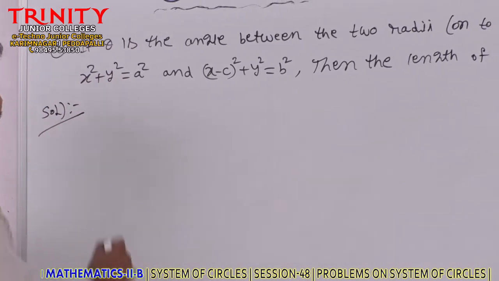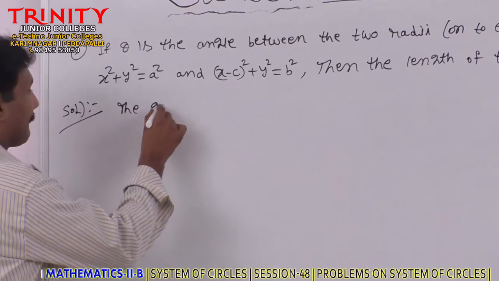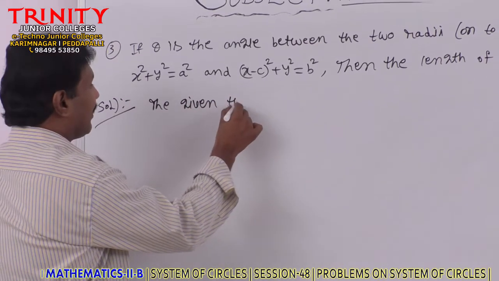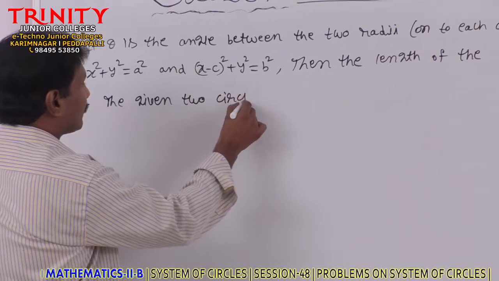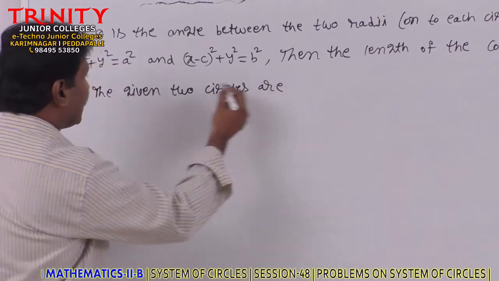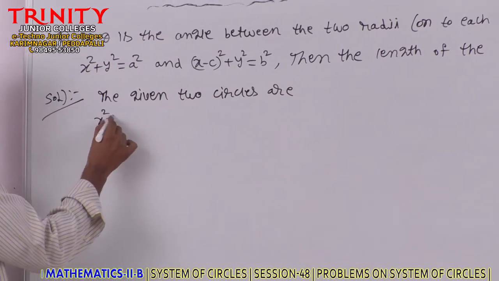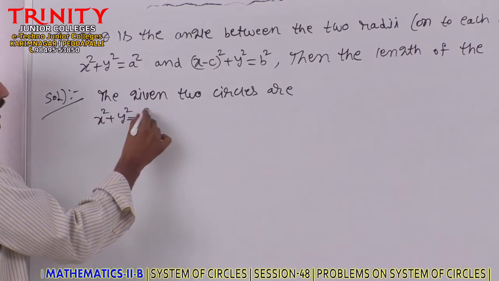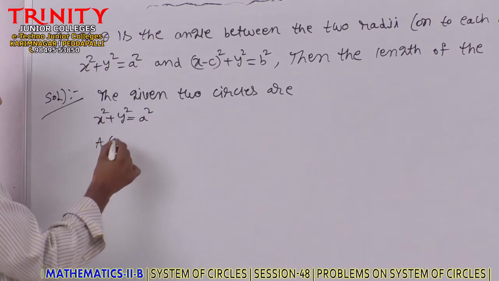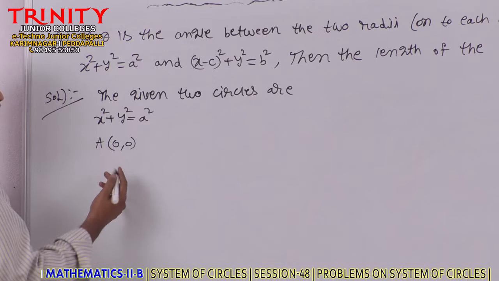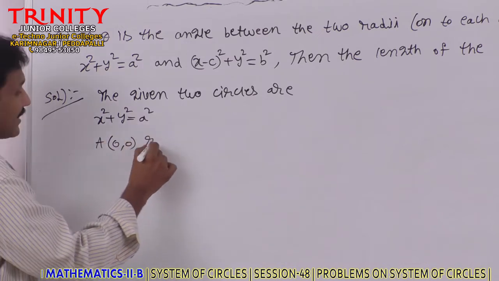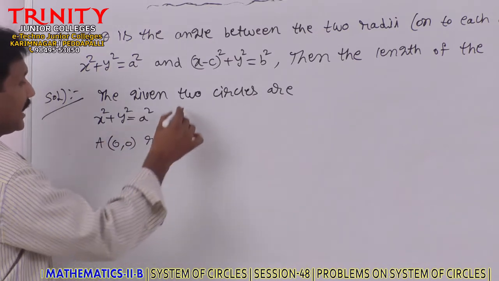The given two circles are: the first circle is x square plus y square equal to a square. Here the center, named A, is (0, 0), the origin, and radius r1 equal to a.